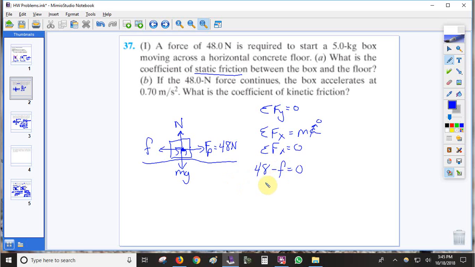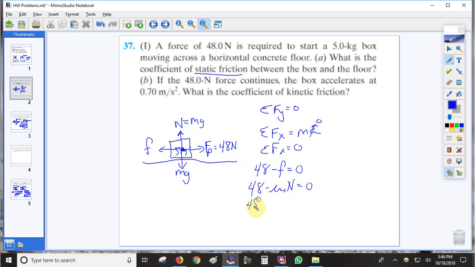Let's expand on our definition of friction. We know that friction is equal to mu times force normal. In this case, we're looking for the static friction, so we're going to use mu sub s. Furthermore, I can replace my force normal with mg, because the box is not moving into or away from the floor, so there must be equilibrium and those two forces must be equal.